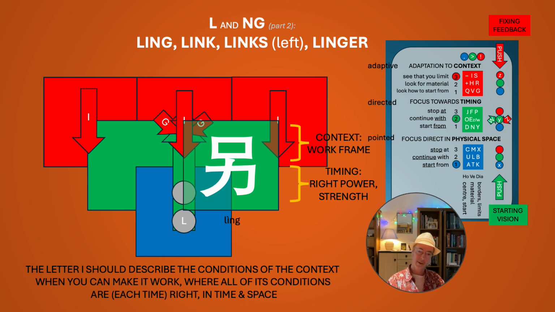And what are the conditions for it in the timing context there as well? It's that I have the right power and strength to make things work there. So that's the ling part that describes that. Those conditions are also described in the letters.